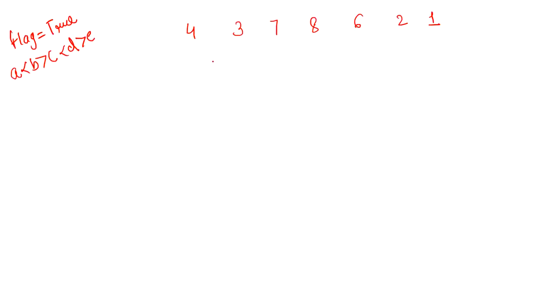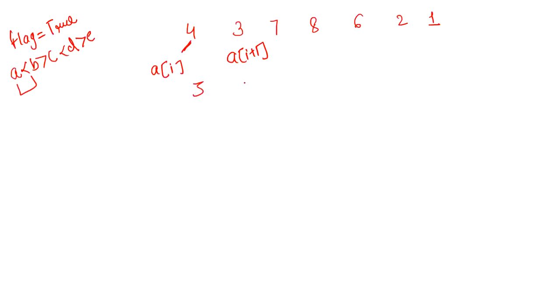Suppose we are currently on this element. So this is A of I and this is A of I plus 1. We will check if A of I is greater than A of I plus 1. If this condition is true, what we will do? We will do the swapping because in actual we want A less than B. So this will be swapped.